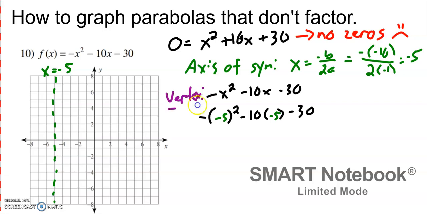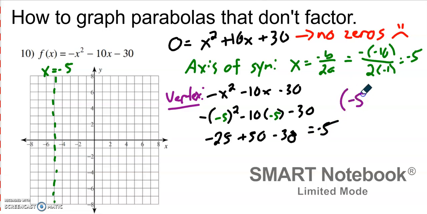So again, we're finding the vertex right now. So we get -5 squared is 25, so we get -25. -10 times -5 is 50 minus 30. Then we get -25 plus 50 is 25, minus 30 is equal to -5. So my vertex is going to be -5, comma, -5. And this comes from right here. So we can graph that, -5, -5.